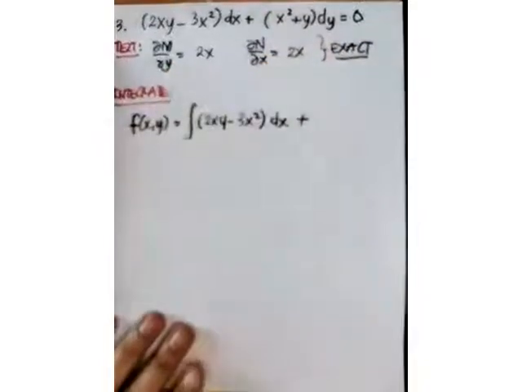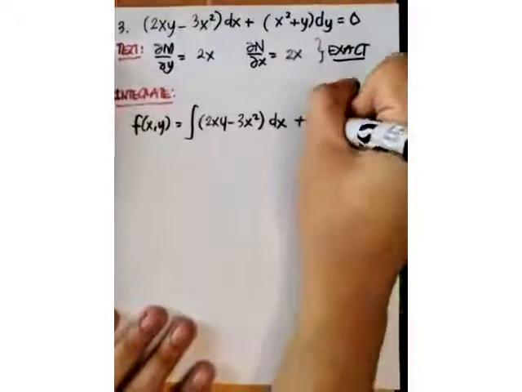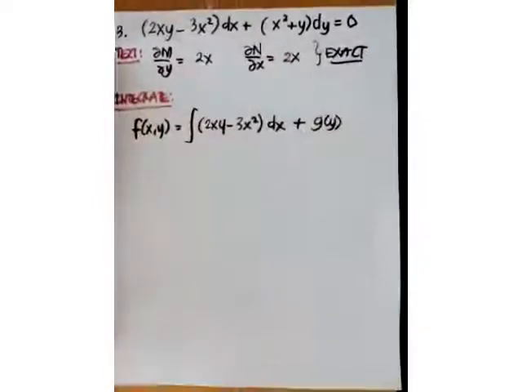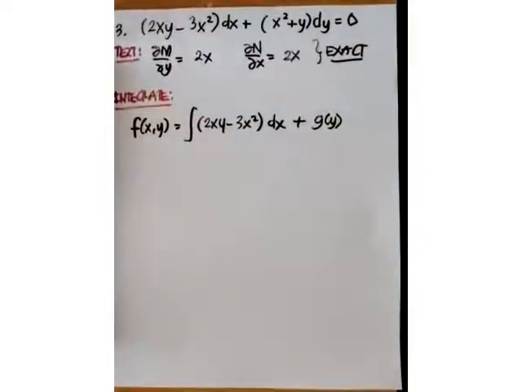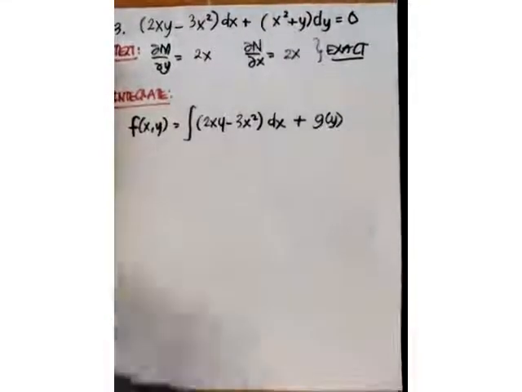Tapos, magdadagdag tayo ng plus g of y. Ayan, g of y. Kasi parang ano yan, yung c, yung arbitrary constant. Di ba pag nag-i-integrate tayo, meron tayong dinadagdag na plus c na arbitrary constant.